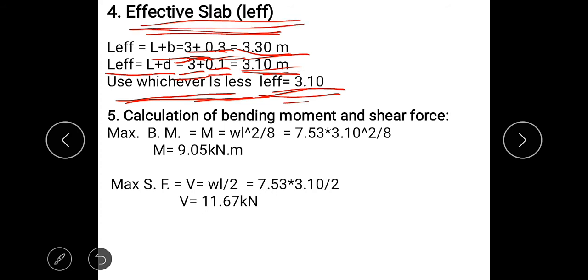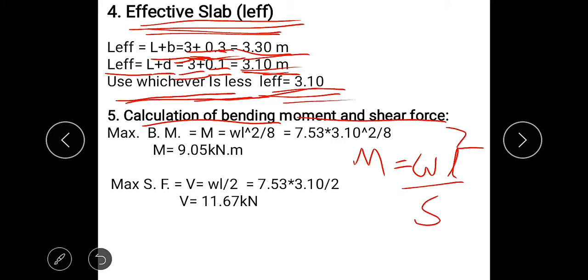Okay. Now fifth step. Here we have to do calculation of bending moment and shear force. For a simply supported slab, the bending moment formula is WL square divided by 8. What is W?